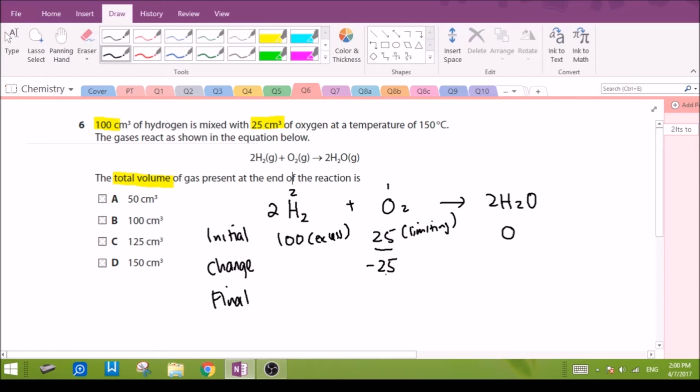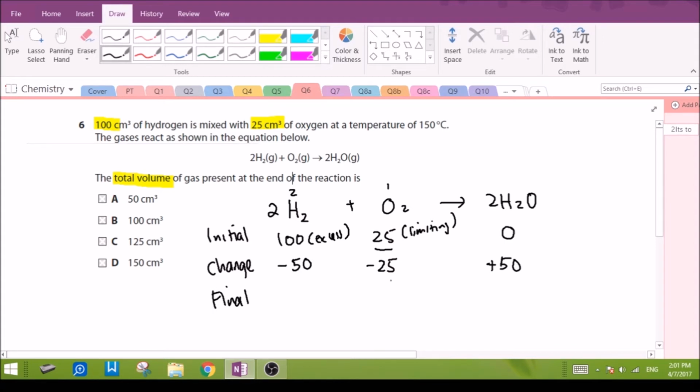For every 25 we will use up 50 cubic centimeters of hydrogen, because like I said, it is 1 to 2. And for every 25 cubic centimeters of oxygen used, we will produce twice the amount of steam, because it is 1 to 2. If it's increasing, we will have the plus. If it's being used up, we will have the minus, we subtract.